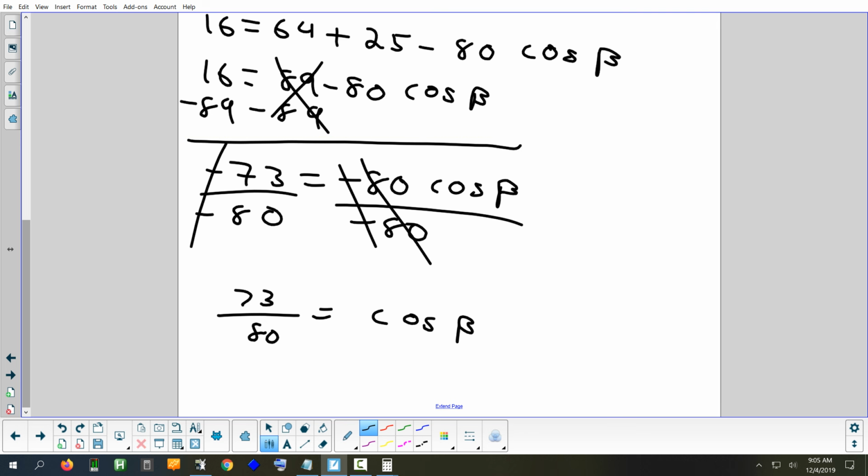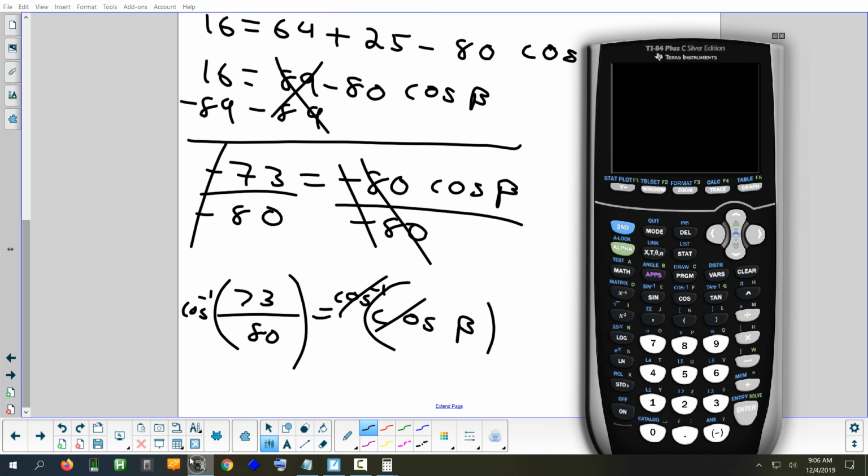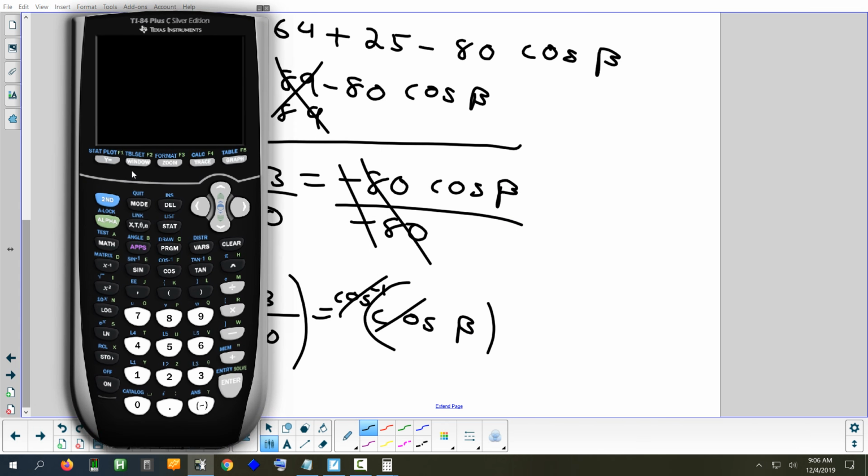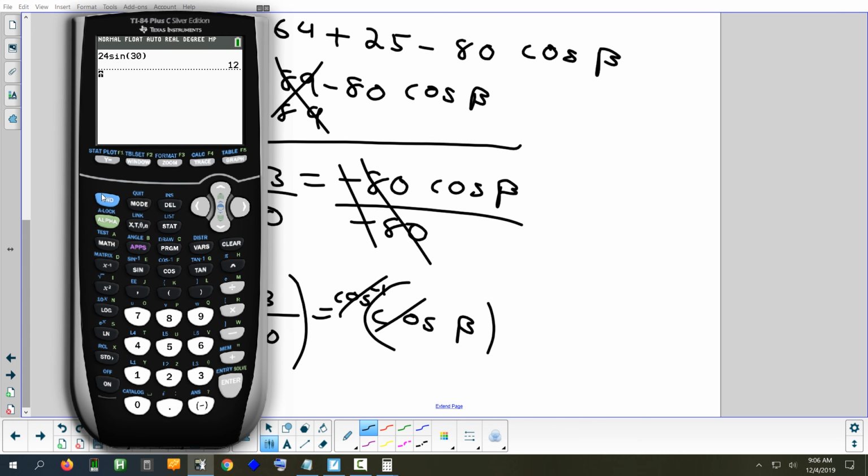So take the inverse cosine. That's gone. And now we're going to get our angle. And once we have it, then the area is easy to find. Probably not going to come up to a nice number. So it's inverse cosine of 73 over 80.